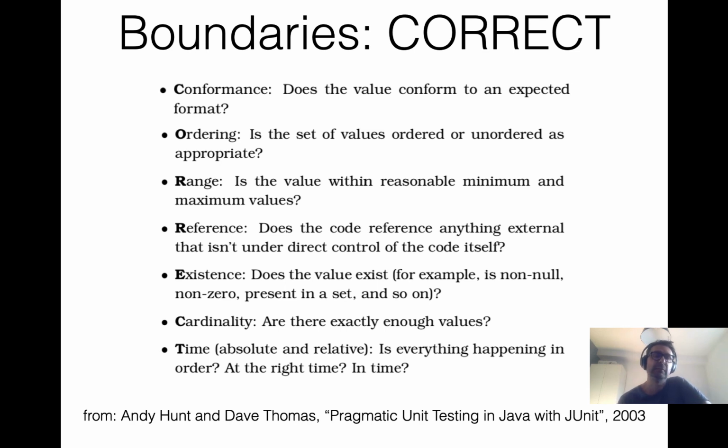And for boundaries, you can look into an acronym called CORRECT, which means how do you check things at the boundaries. So conformance, does the value conform to an expected format? Ordering, is the set of values ordered or unordered as appropriate? So this can help you actually go into more specific ideas.